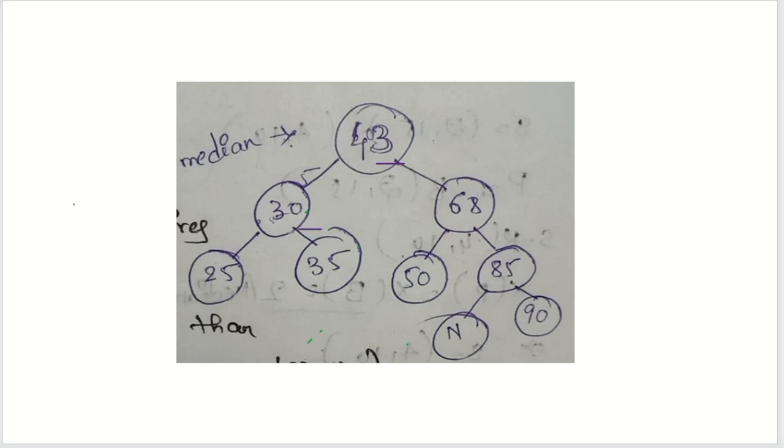So what it represents is that whatever elements are less than 43 are on the left side of the root and greater than 43 are on the right side of the root. So you can easily compare or find the proper priority search tree based on the median values also.